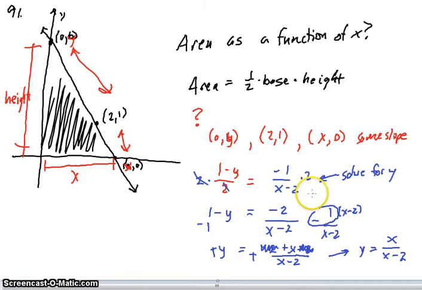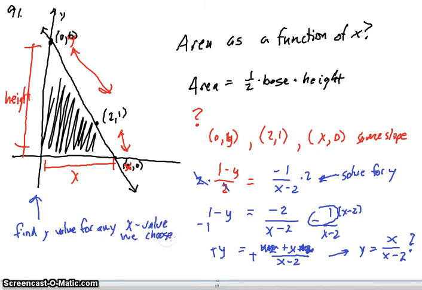So you might be asking, what did we do and what was the purpose of this? What did this allow us to do? Well, this helps us find a y value for any x value we choose.